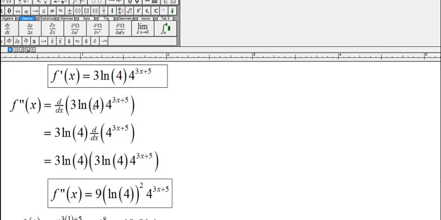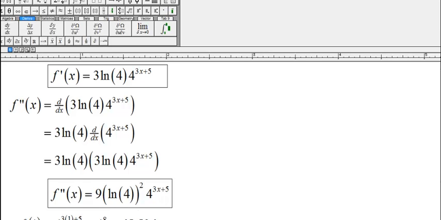Well, the 3 ln of 4 is a constant, so I can bring it out front and take the derivative of 4 to the power of 3x plus 5. But if you remember, that was our original function we were taking the derivative of. So I can just take my previous result and replace this derivative here by that answer. So notice we have two 3's multiplied together, which is 9, and two ln of 4's multiplied together, which is ln of 4 squared, times this.